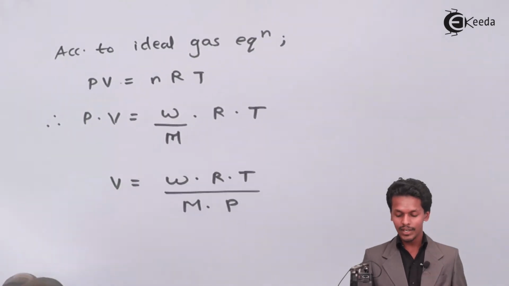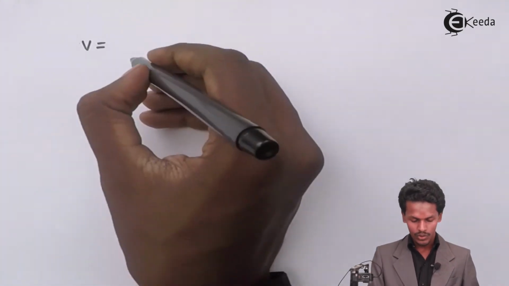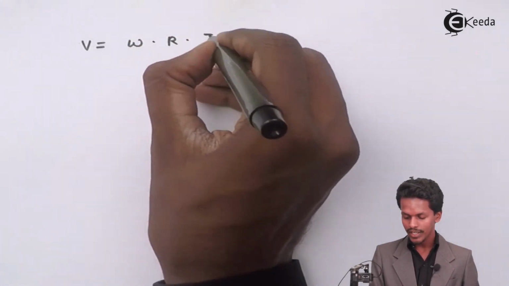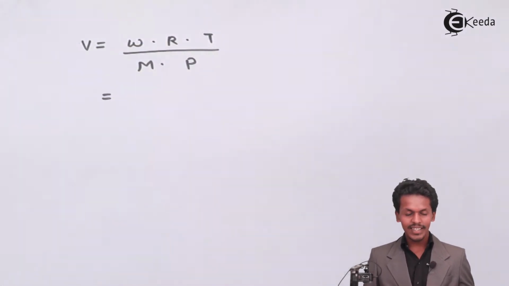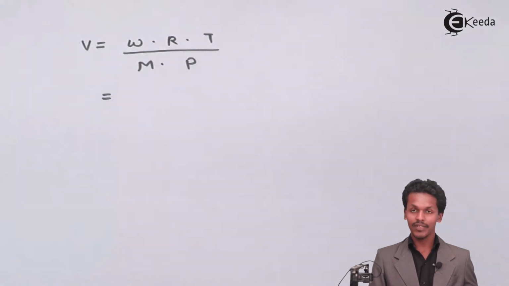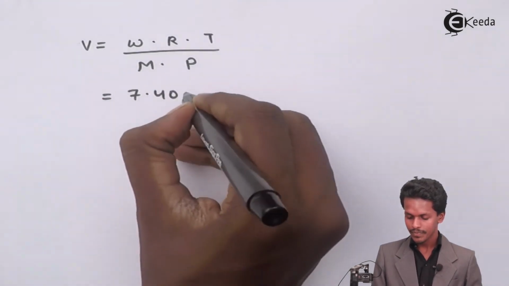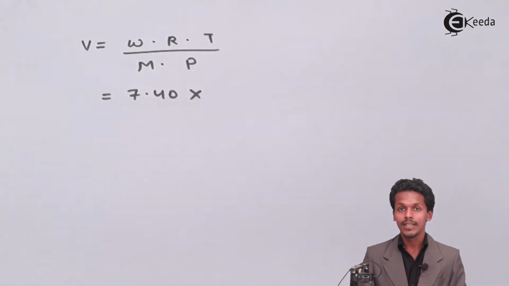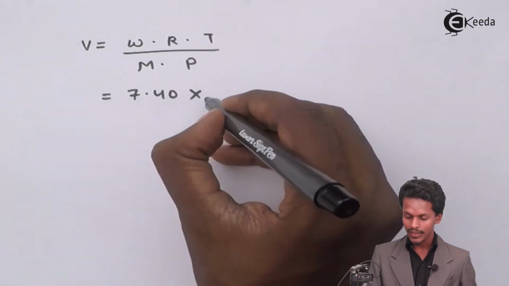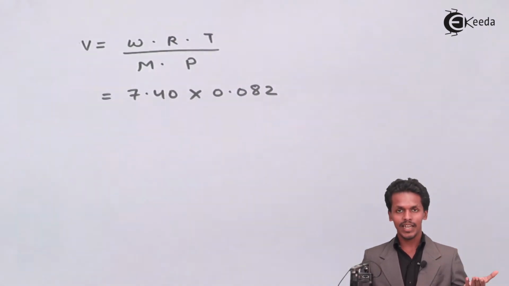So I'm writing it here again: V equals W into R into T, the whole divided by molecular weight into pressure. The weight that they have given us, which we have written in our data, is 7.40, into the value of R, which we have calculated earlier as 0.082 liter atmosphere per Kelvin per mole.